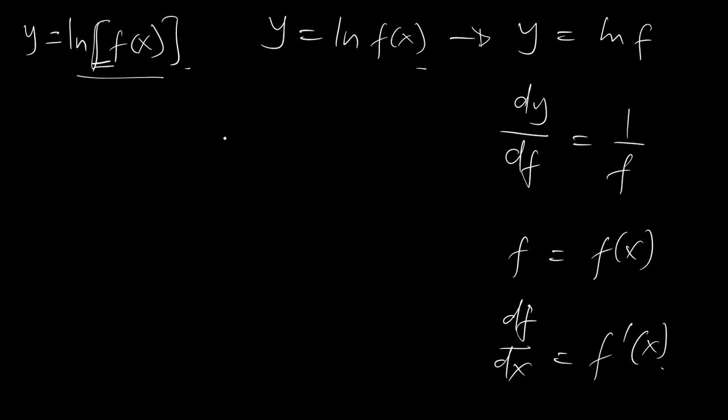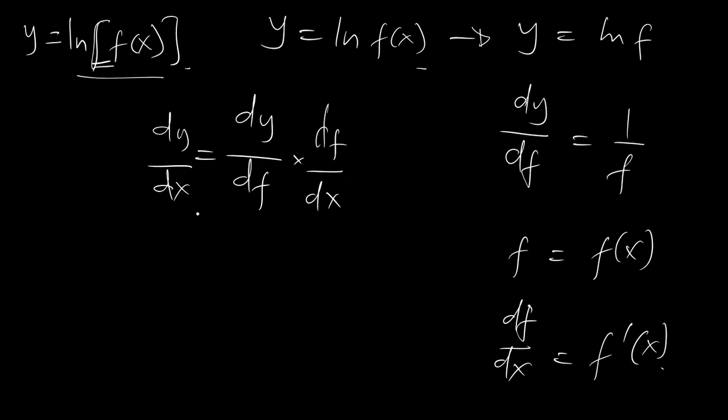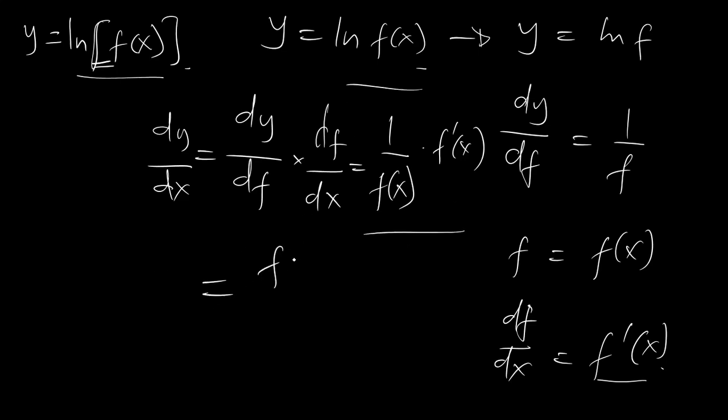You know that dy/dx is the same thing as dy/df times df/dx. So this will give you 1 over f of x times f prime. So to differentiate this, you have f prime of x over f of x. So this is the formula we're going to use.